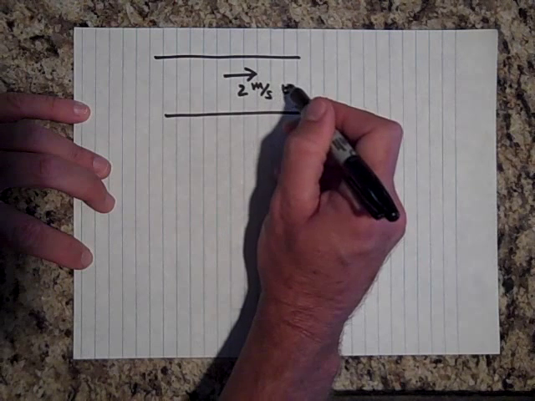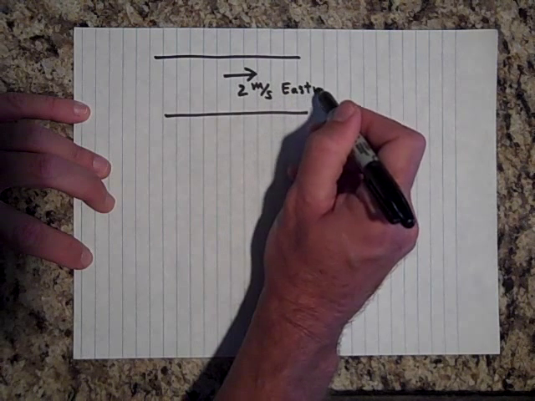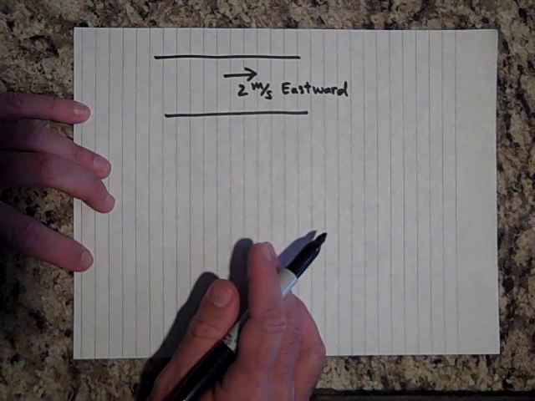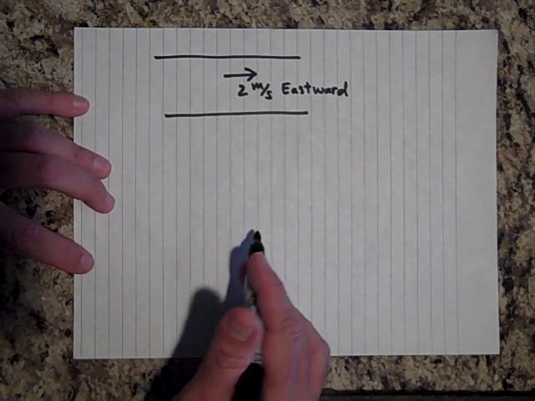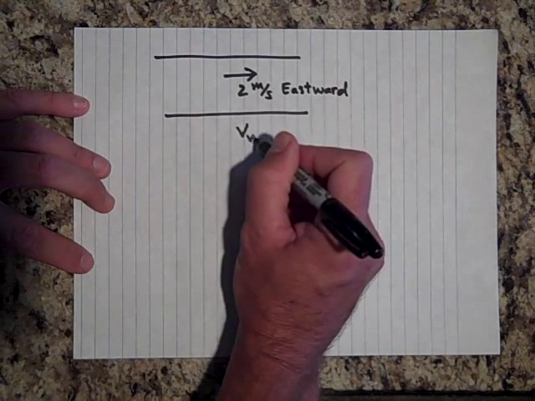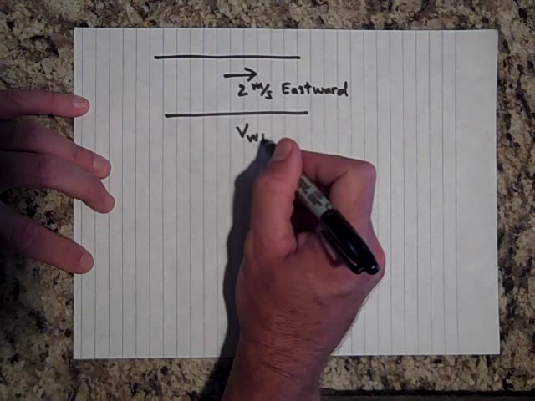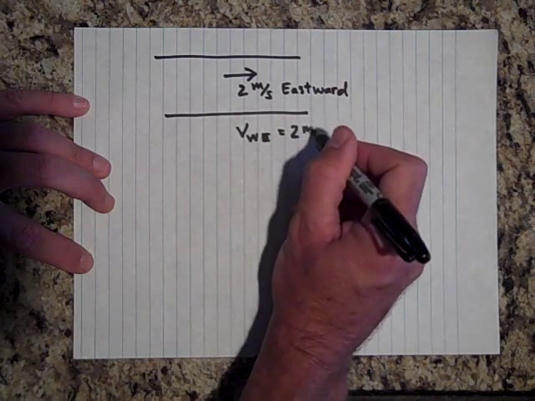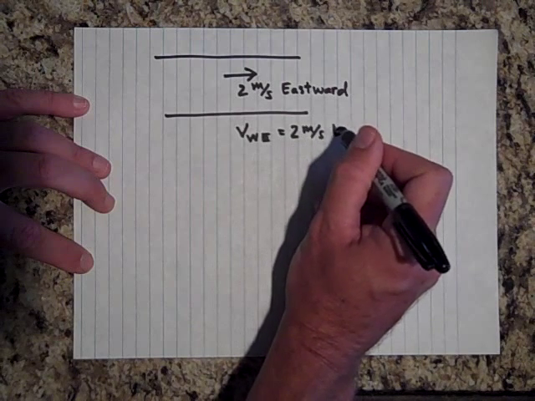Let's say eastward. Now what I mean is that the water is flowing 2 meters per second relative to the earth. And so I'll write that as the velocity of the water with respect to the earth is 2 meters per second eastward.